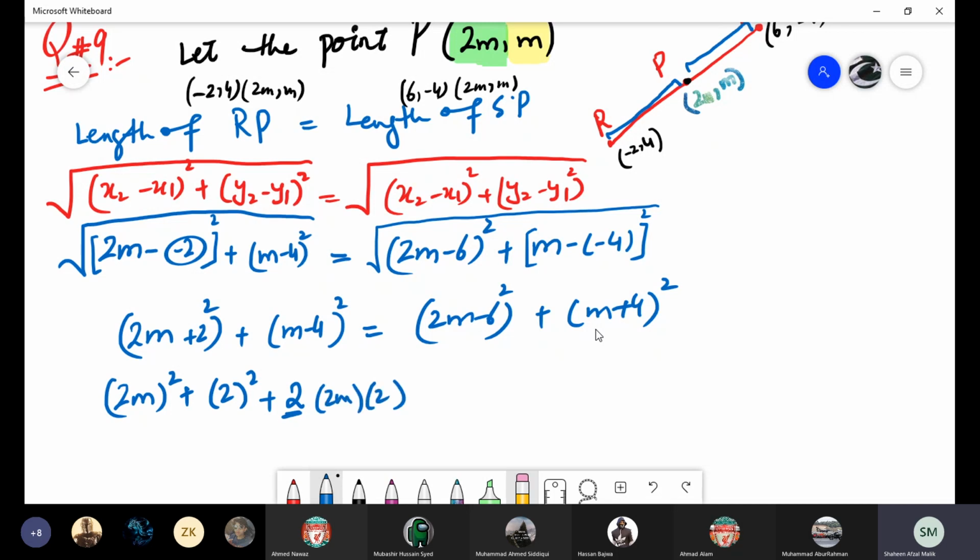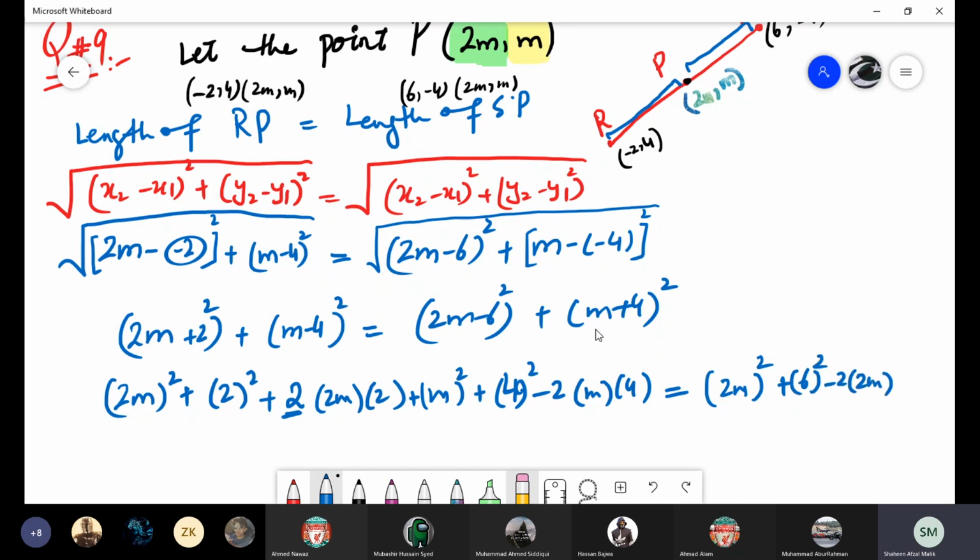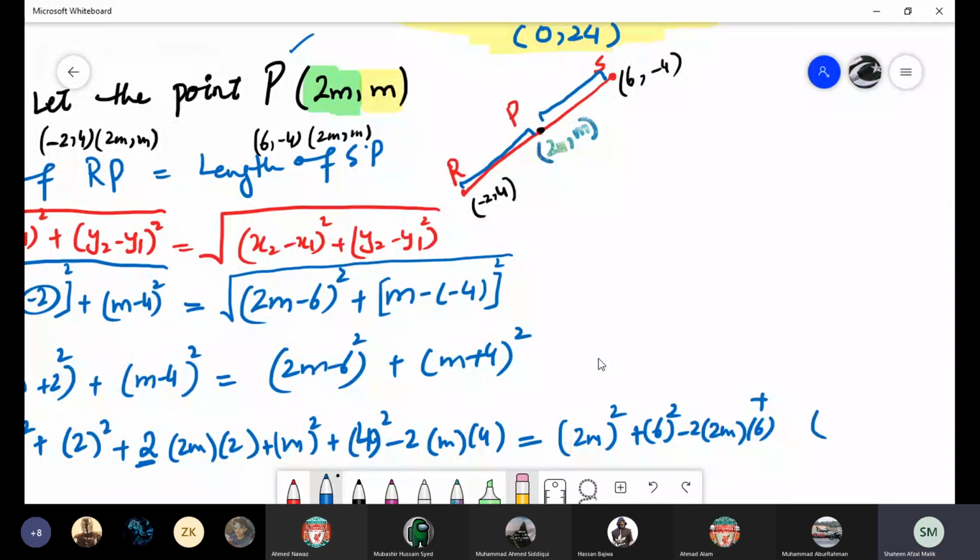For this one, I am opening now: m square plus 4 square minus 2 times m and 4. The right side now: 2m square plus 6 square minus 2 times 2m and 6, plus m plus 4 we have to open. So it will be m square plus 4 square plus 2 times m into 4.